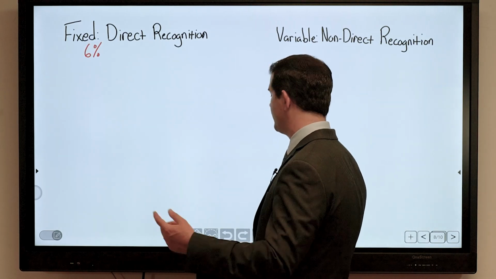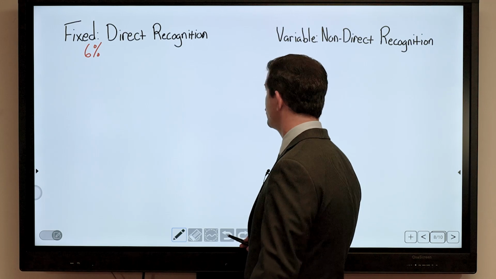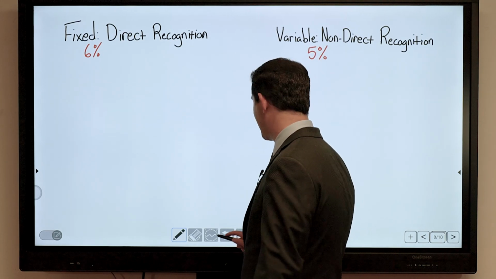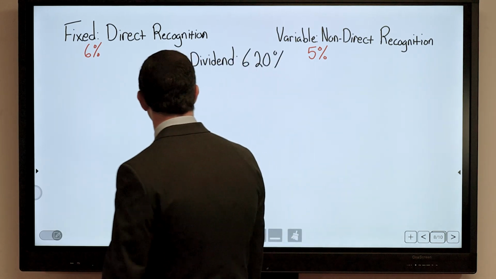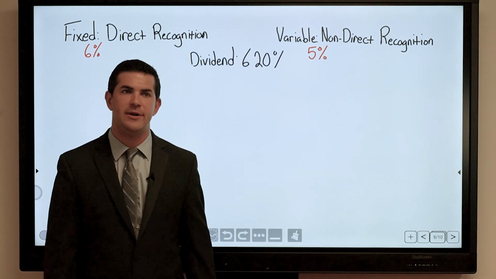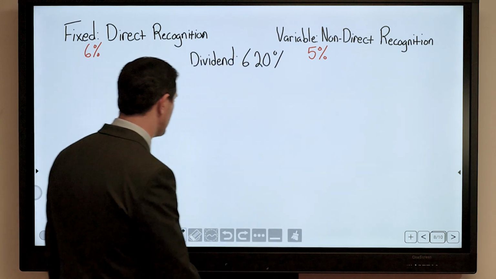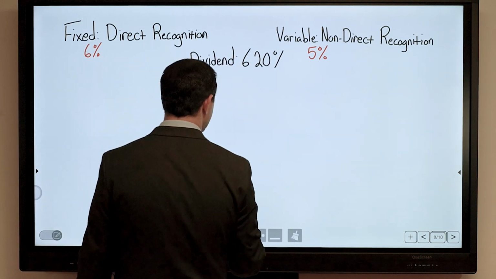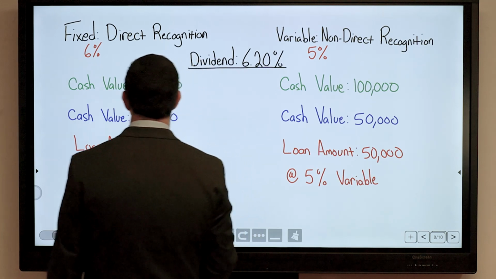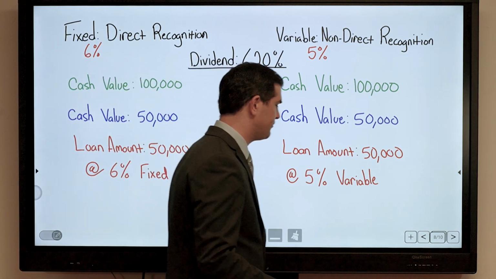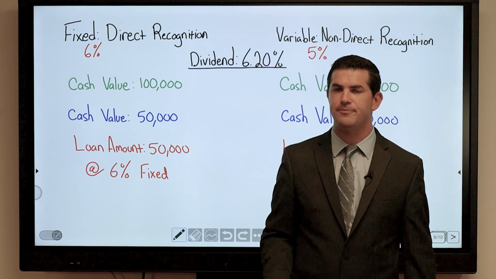With the fixed rate, we have a loan interest rate of 6%, and again, direct recognition. Variable, we've got 5%. The dividend rate with the insurance company we are going to demonstrate here is 6.2% for 2020. I probably gave away the insurance company to a couple of you here. So what we've got is a nice little chart here. Apples to apples scenario.